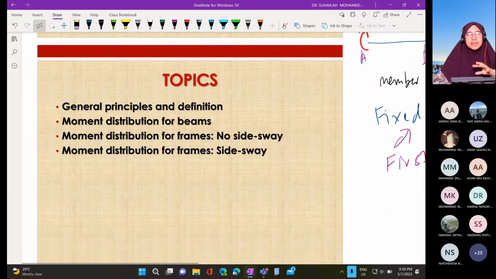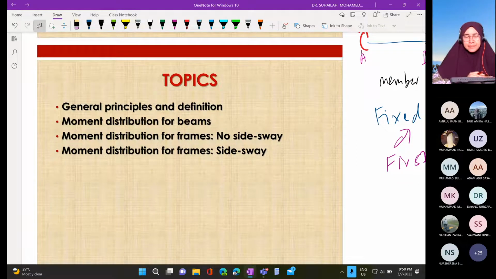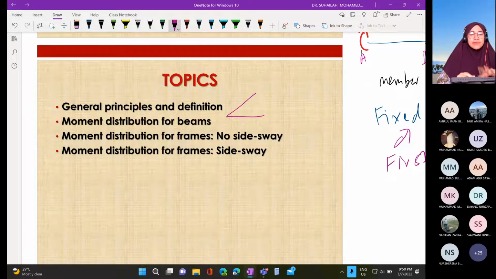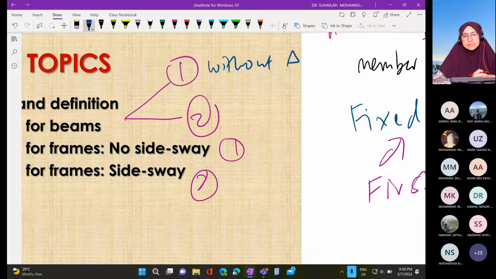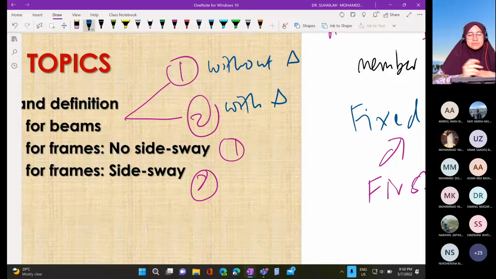So the moment distribution method covers two types of structure: beam and frame. Under beam it splits into two, and under frame it also splits into two. Under beam, one is without delta, and the other is with delta.